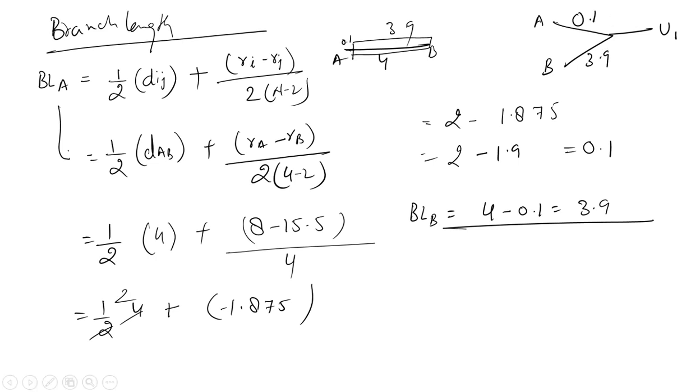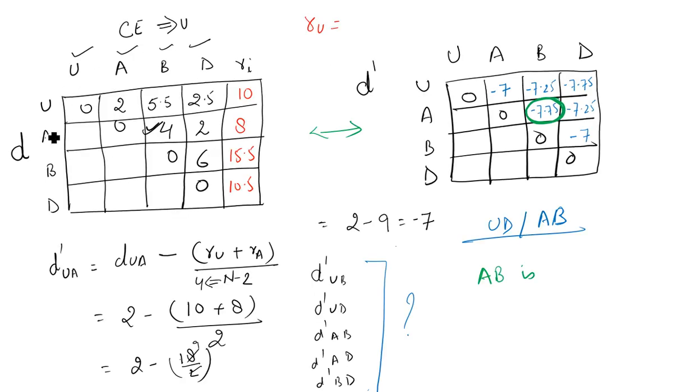So now what we have to do is again converge the matrix. Now our AB, what was C? What was U? It is CE. Now AB becomes a common node and it is named U1.